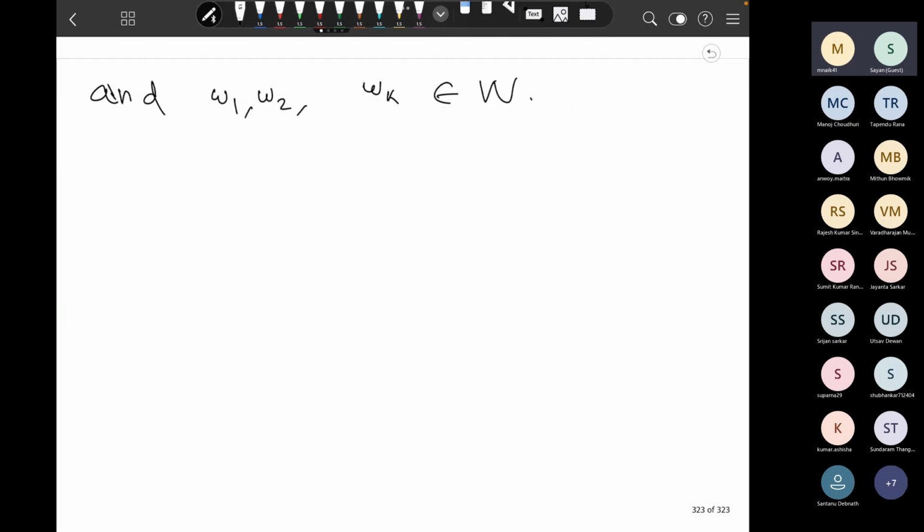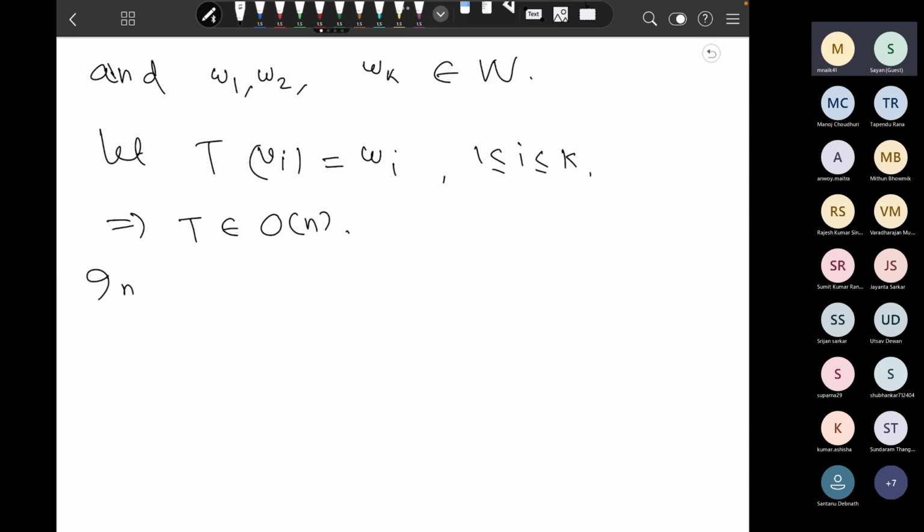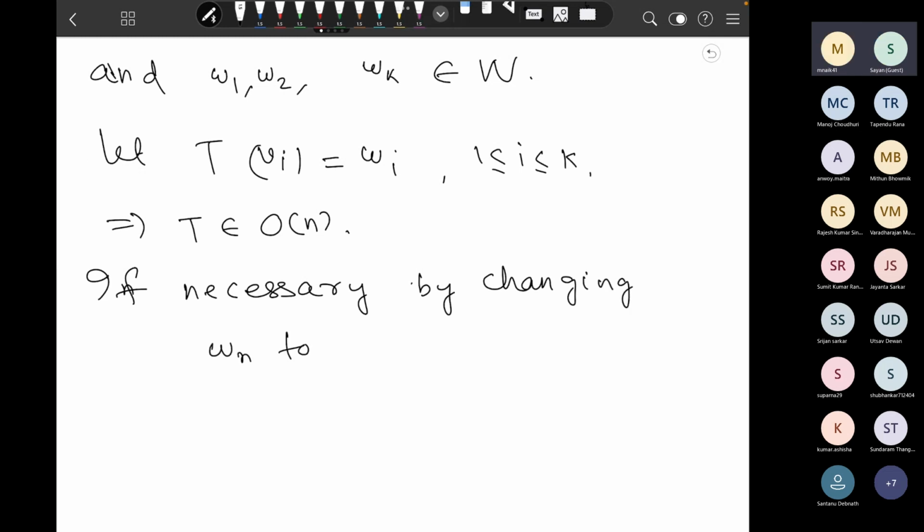That's all. Let T(vi) = wi for 1 less than or equal to i less than or equal to n. Since T takes an orthonormal basis to an orthonormal basis, T belongs to O(n). Now, if necessary, by changing wn to minus wn, we can assume that the determinant of T is 1.